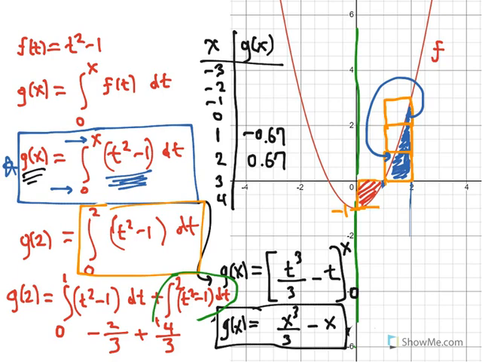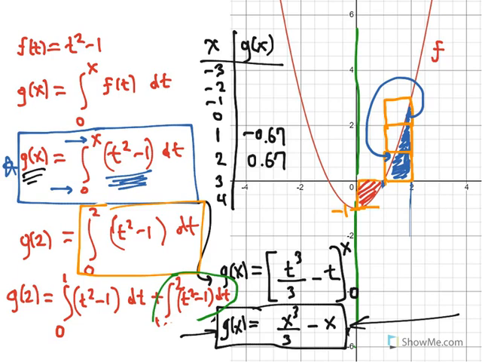But now we can confirm if this is close or not to the actual value of g of 2. And that is easy for us because we happen to have this. But as I'm saying, there may be some problems where you don't have a rule for f of t, and you may have to just rely on your visual approximations.